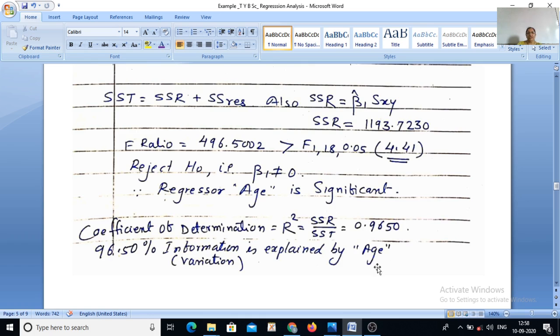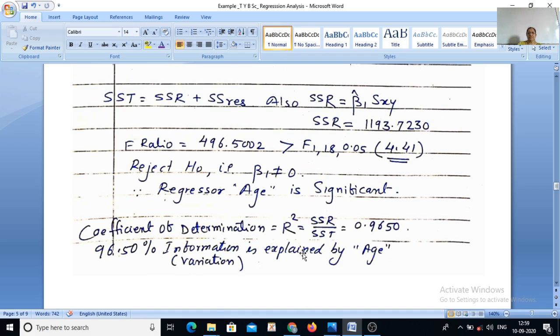That means age is a very important factor while determining the BP of the patient, and 96.50% of the variation in y is due to your other variable, which is the independent variable, age. Okay, so 96.5% of the variation is explained by your age variable.